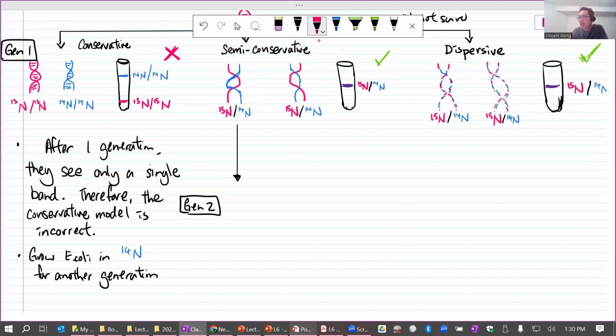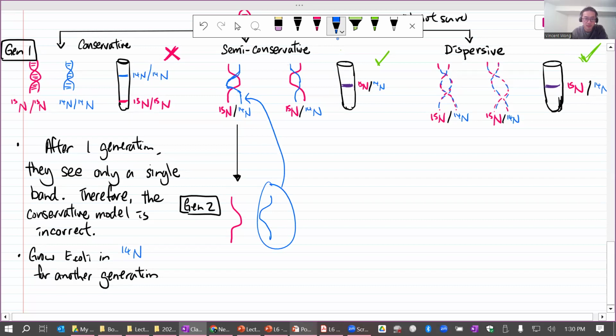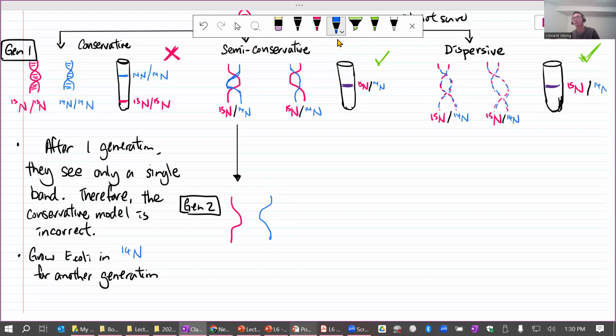If it's a semi-conservative model, we will separate the strands. So I will have the red one, and then the blue one. This blue one is from the previous generation. And now we have to build another complementary strand. What's available?